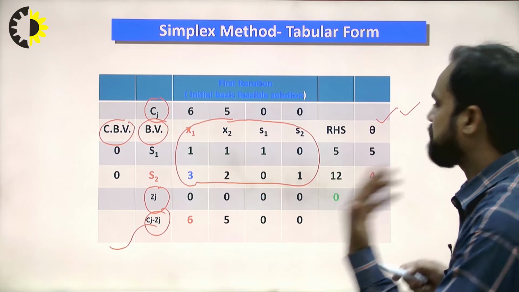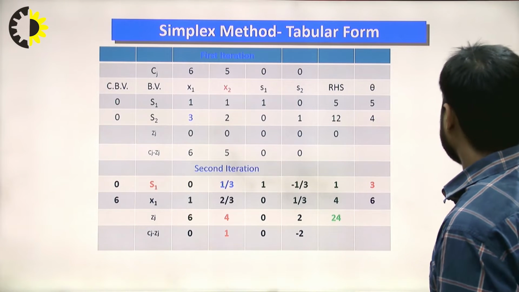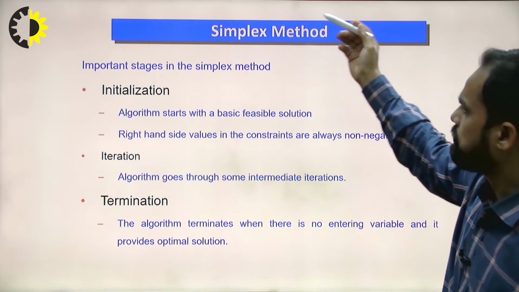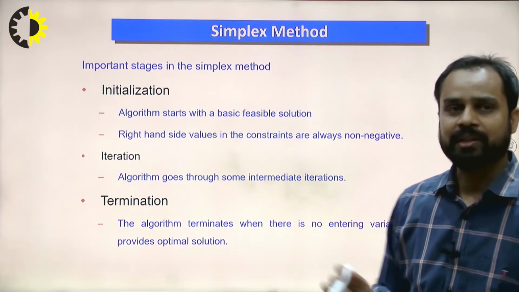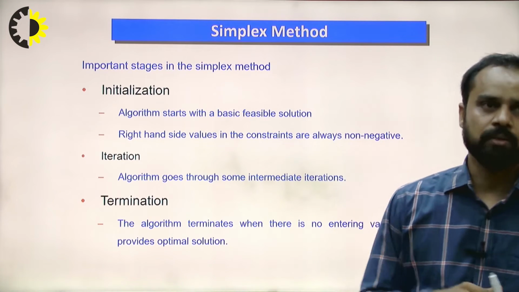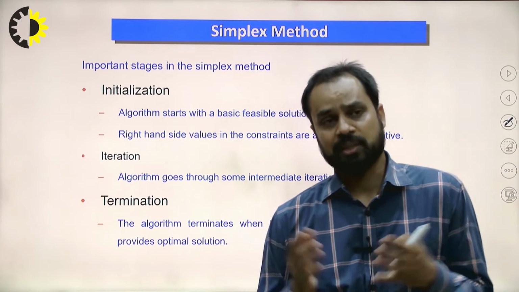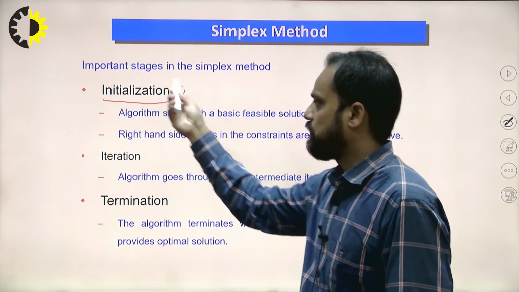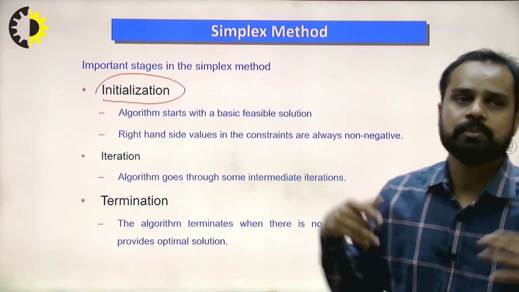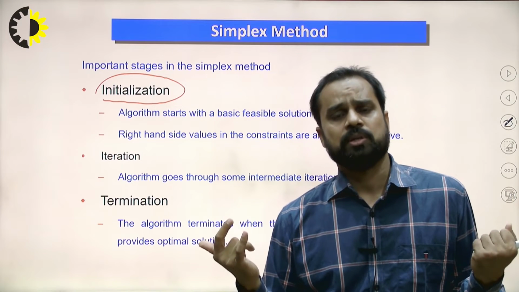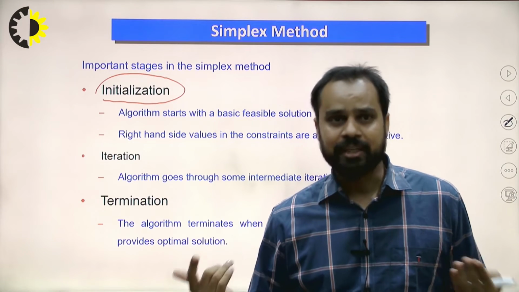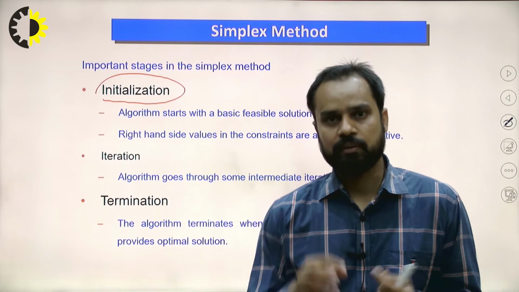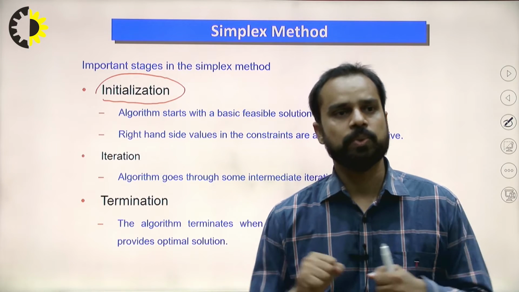Now we have to extend this method to another approach. Suppose we have seen this problem. These are the basic stages of the simplex method, how it can be categorized. Initialization: the algorithm starts with a basic feasible solution. The right-hand side values of the constraints are always non-negative, so that we are able to obtain a basic feasible solution.